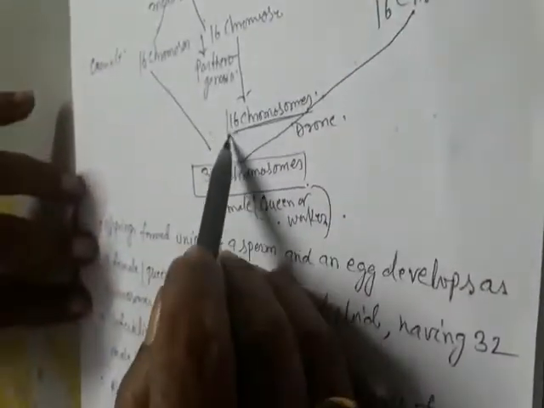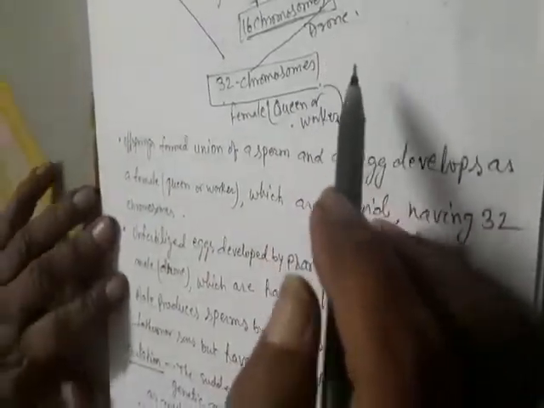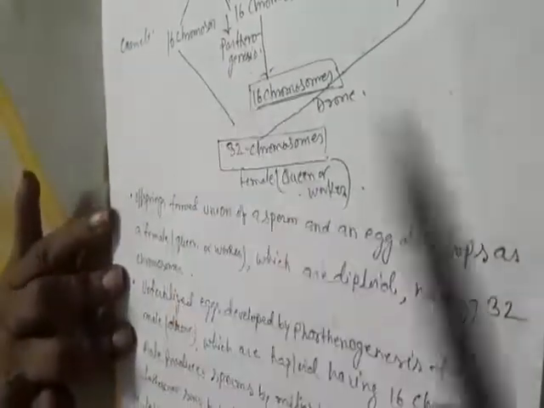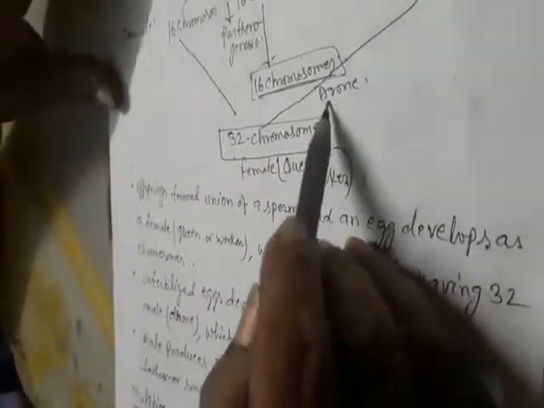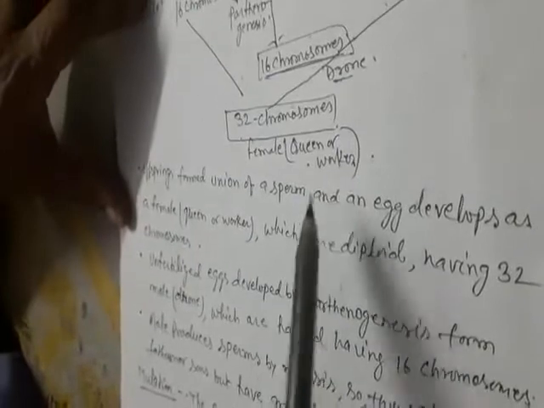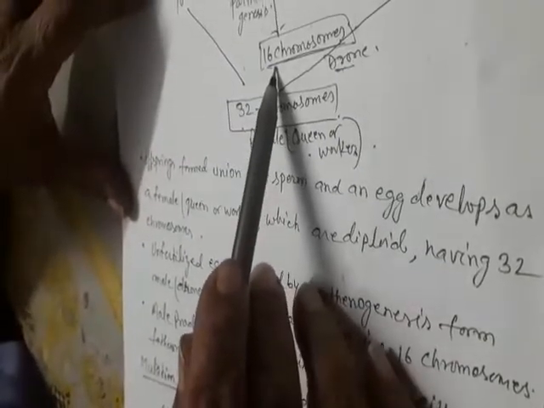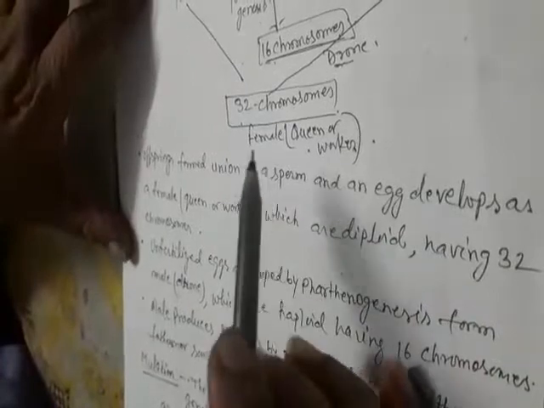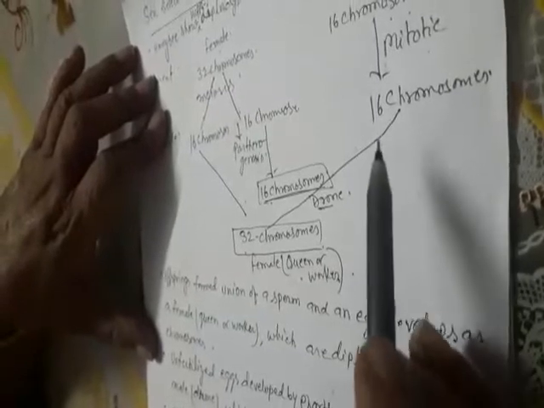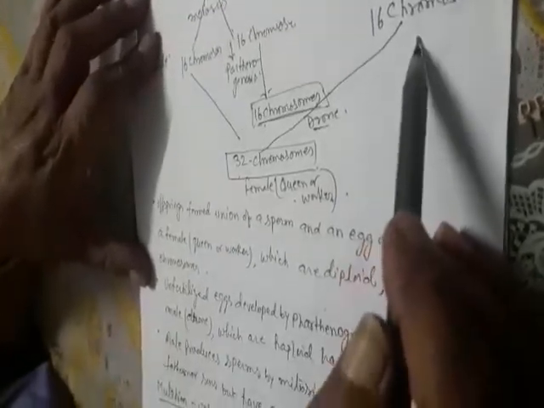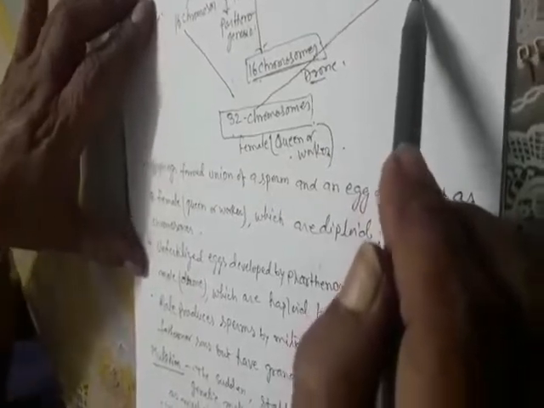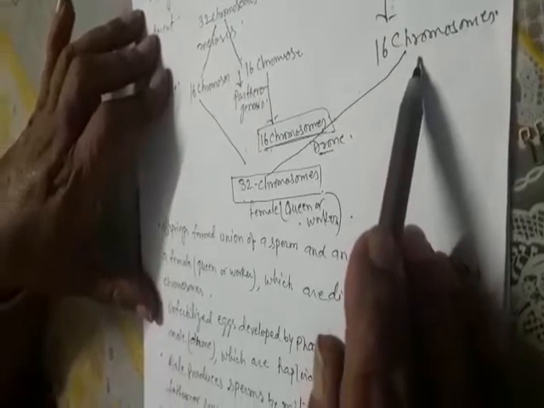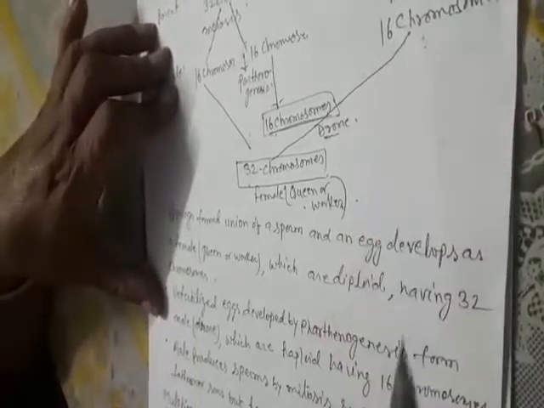Unfertilized egg develops by parthenogenesis to form male drone, which are haploid, having 16 chromosomes. Male produces sperms by mitosis cell division. They have neither father nor son, but have grandfather or grandson.